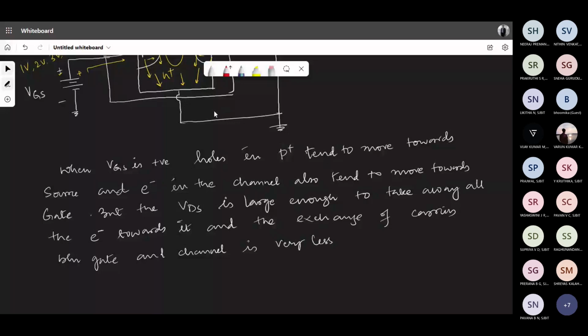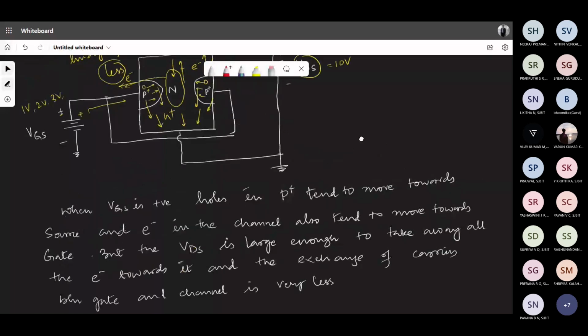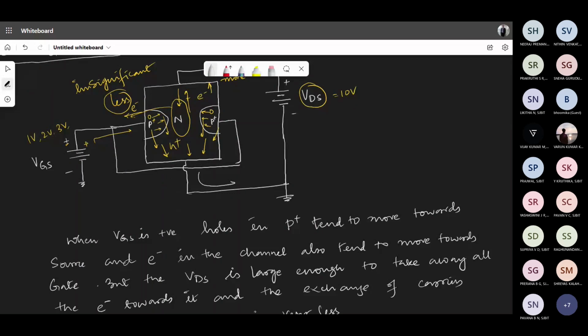So what we can expect is that the holes which are coming from the P will also be contributing to the whole current which flows in this direction.